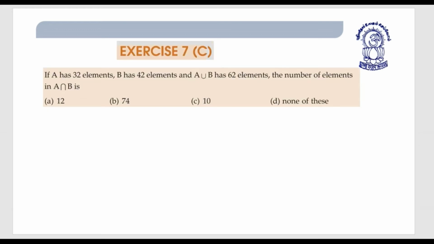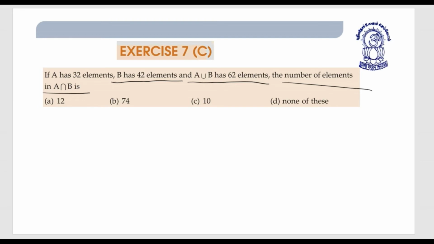Now exercise 7C. If A has 32 elements, B has 42 elements, A union B has 62 elements, the number of elements in A intersect B is.